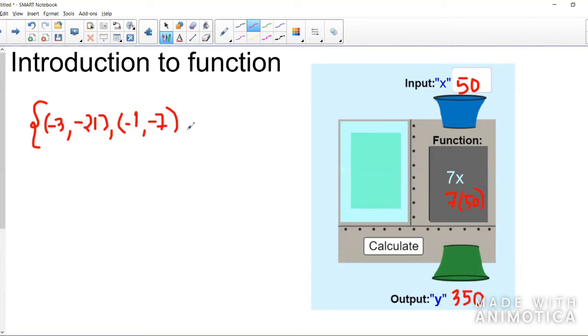Sorry, I'm looking at the wrong number. So if the input is 50, the output to that function 7x is 350. There we go. So yeah, that's another example.